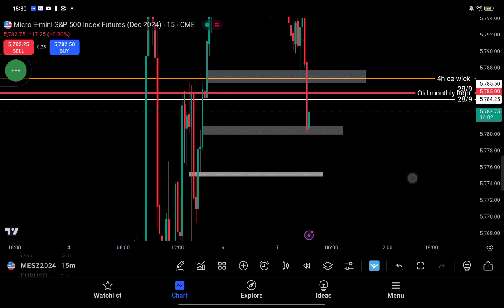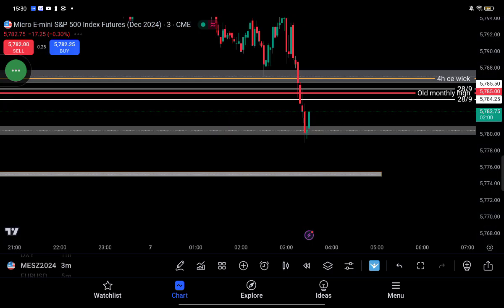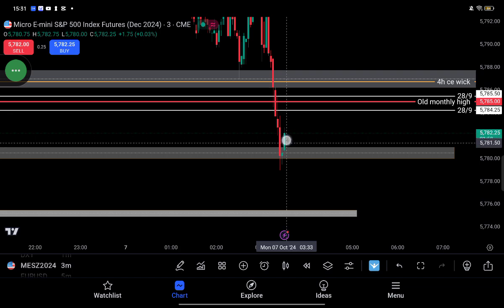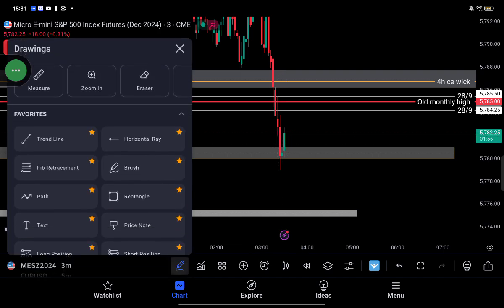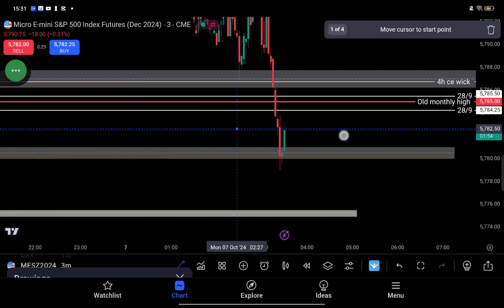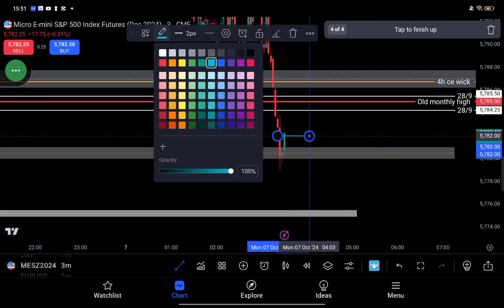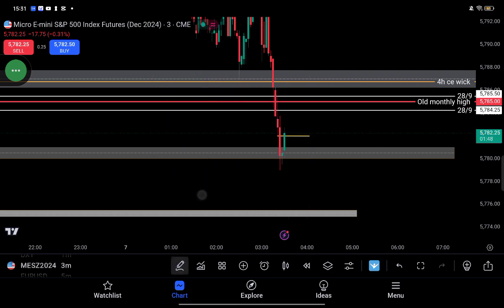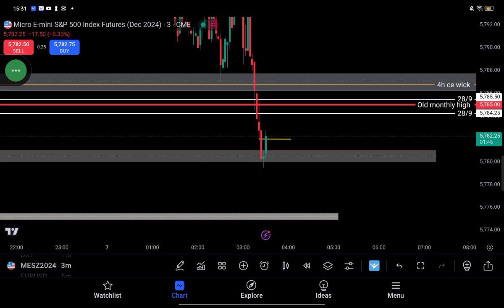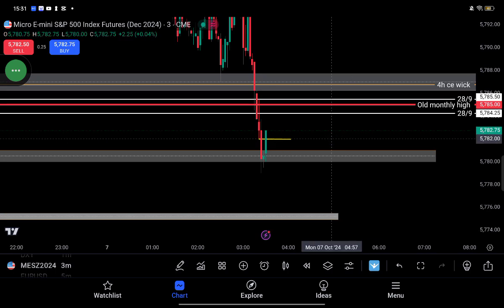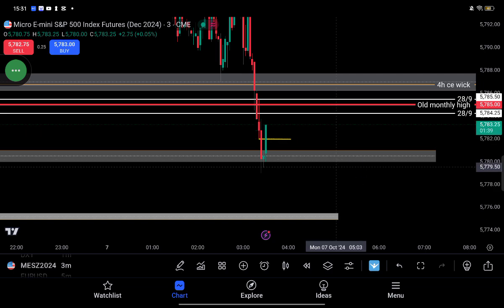Not really anything, but this 3-minute, right now this CB, I'm looking at this as an inversion fair value gap. So hypothetically, if I go long here at 5782, my stop loss would be placed at 5779.5.